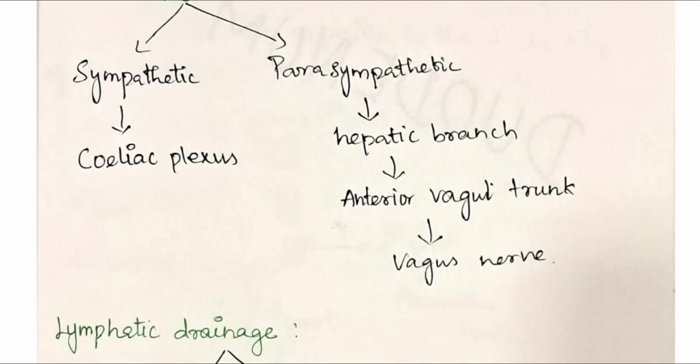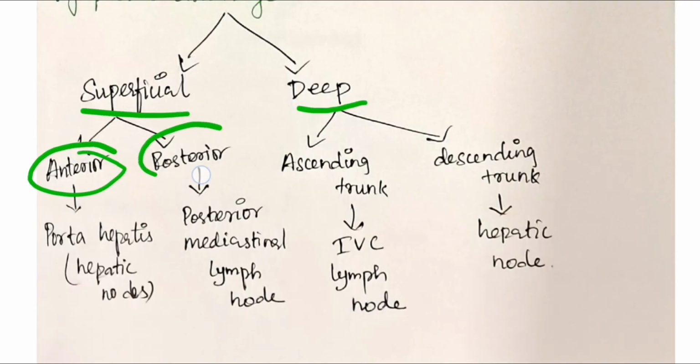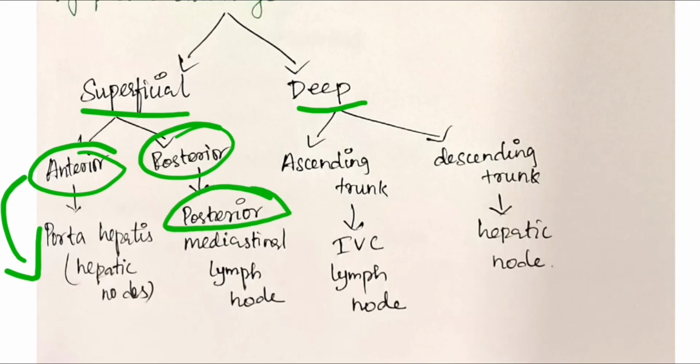Coming to the lymphatic drainage of the liver, we have superficial and deep. In superficial, we have anterior aspect and posterior aspect. The anterior aspect drains into the hepatic nodes, which are present in the porta hepatis, whereas the posterior drains into the posterior mediastinal lymph nodes.